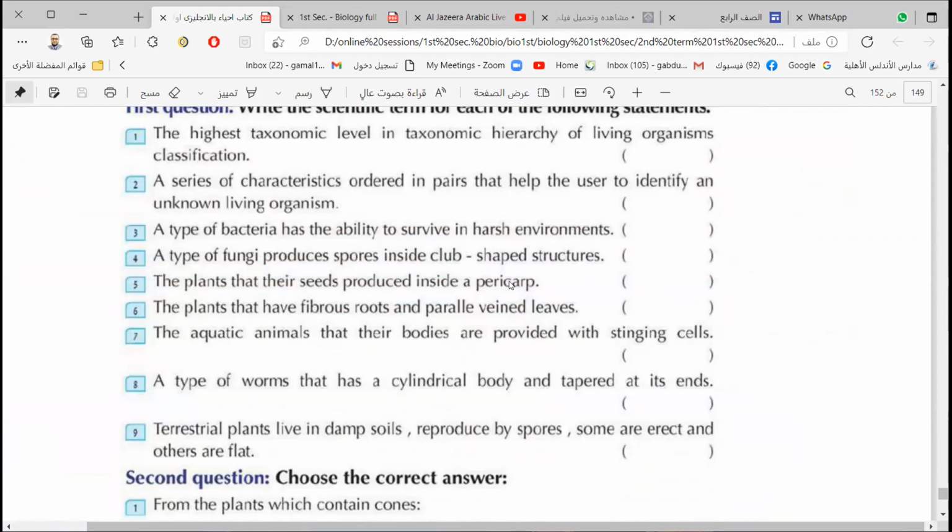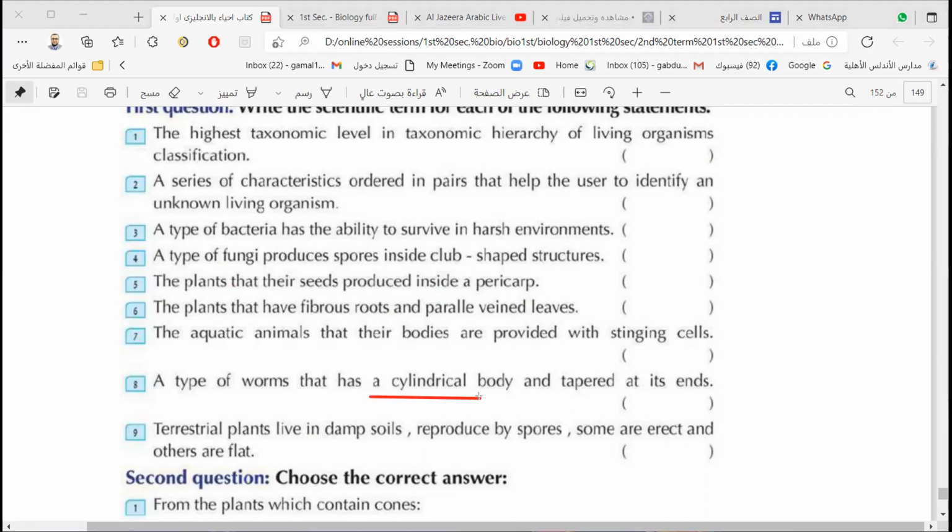A type of worms that has cylindrical body and tapered at its end. Which kind of worms? We have 3 kinds of worms. Earthworm has segmented body, but this one is not segmented. This one is cylindrical.